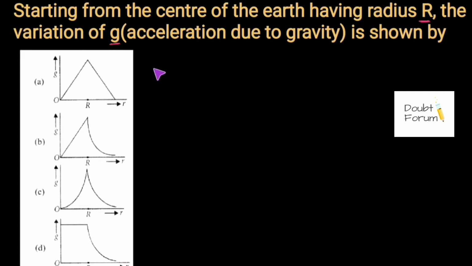To understand the variation in g better, we need to understand Newton's second law first. From Newton's second law, suppose this is an object, the mass of this object is m, and if we apply a force, suppose the magnitude of force is F, then due to the application of this force F, this object will start accelerating in the direction of force.